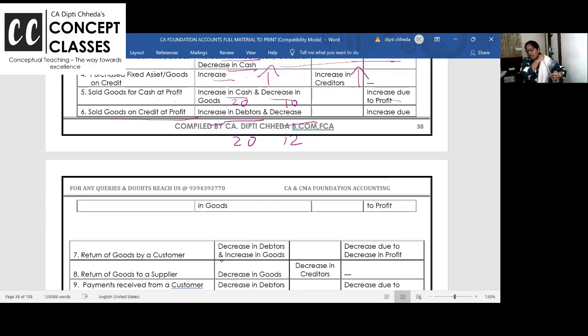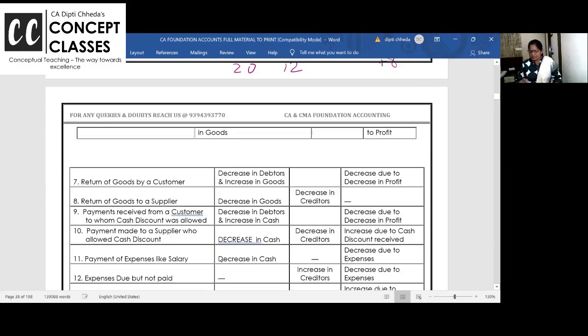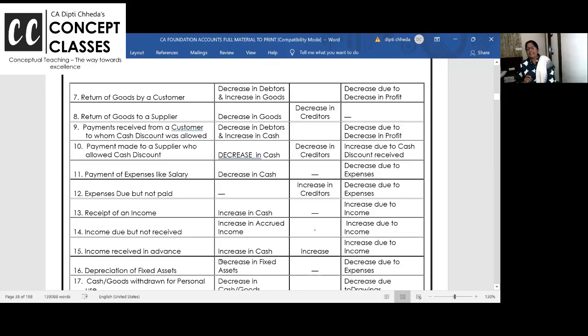And your stock is decreasing at cost. Stock will go in and out at cost 12. And 8 rupees is the profit. So this is all about it. So like this you have to interpret. Shall we interpret all the transactions? ठीक है, सब करेंगे एक बार. You have this material, no? Keep this open with all of you, accounting equation.